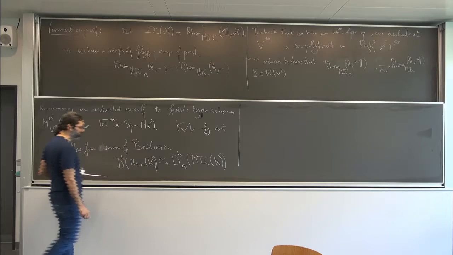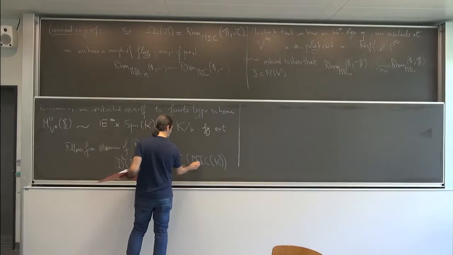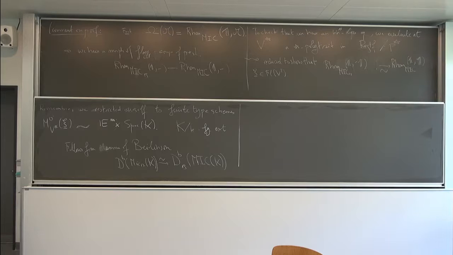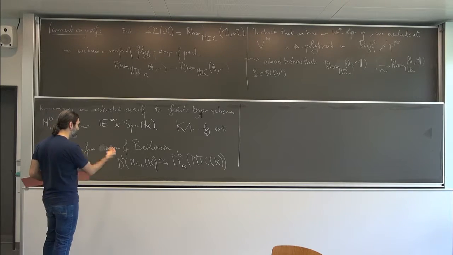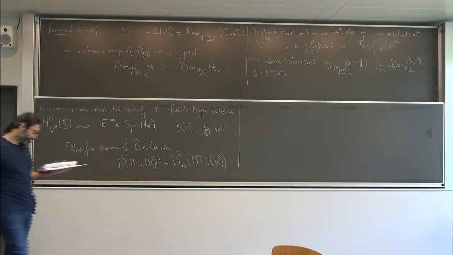So here is what this is: you take the derived category of the big category of modules with integrable connection, and you look at the full subcategory consisting of objects whose cohomology is regular singular. Okay, so this is a classical lemma of Beilinson, which gives what you want.